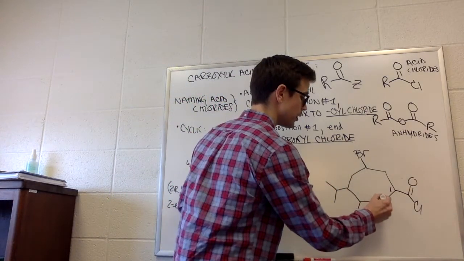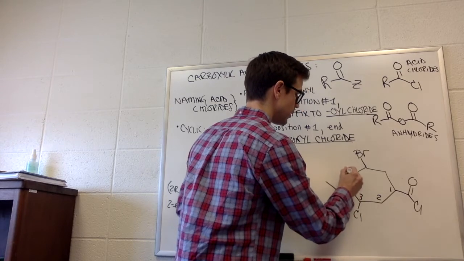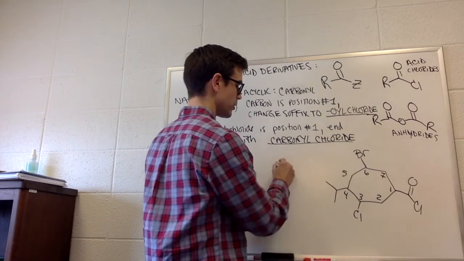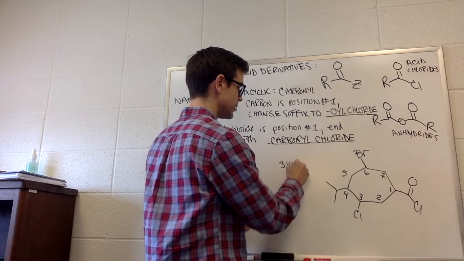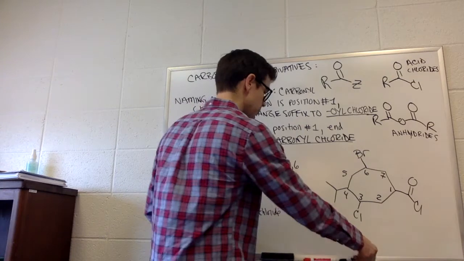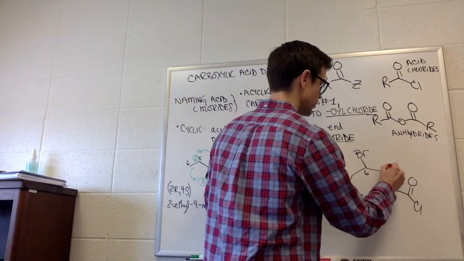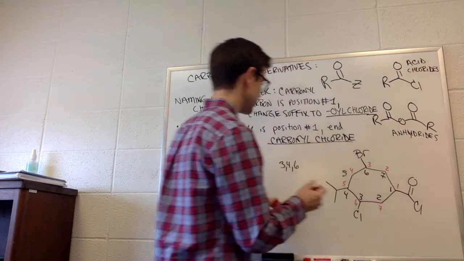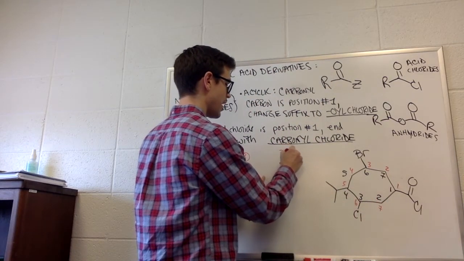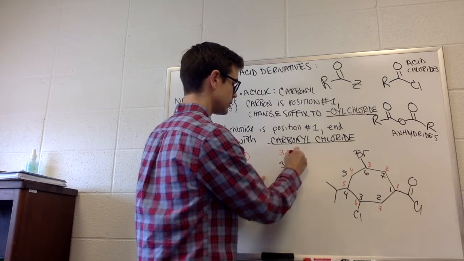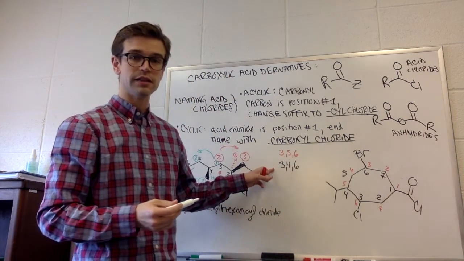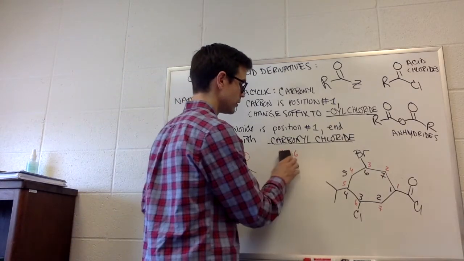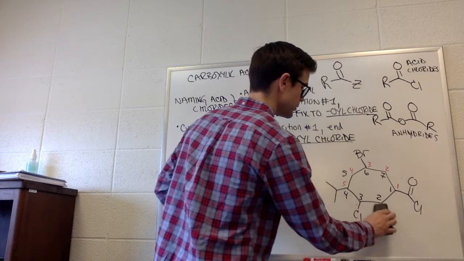So if we number this way around the ring, our substituents are numbered 3, 4, and 6. If we were to number the other way around the ring, our substituents would be 3, 5, and 6. So 3, 4, and 6 is lower than 3, 5, and 6, so that's why we use the black numbering. So I'm going to erase those red numbers.